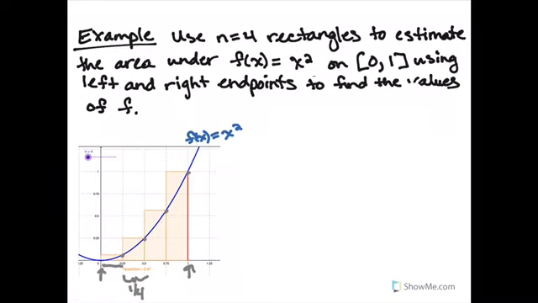So we're going to estimate this, and we're going to call it R4 because I've got 4 rectangles and I'm using the right-hand side of the rectangles for the height. It's 1/4 times, well, what's the height of that rectangle right there? Well, I get it by plugging 1/4 into the function.